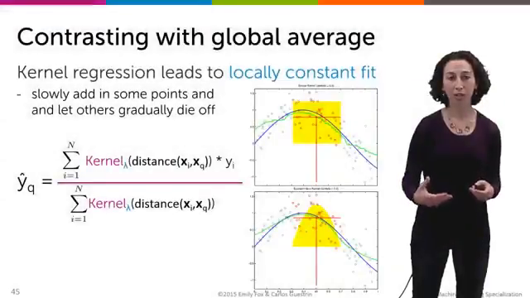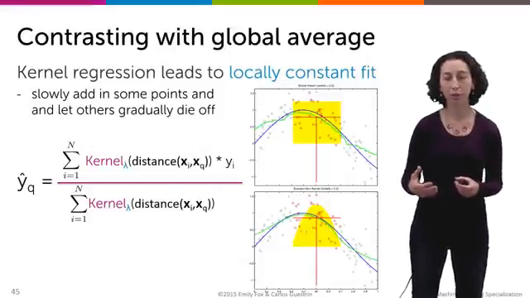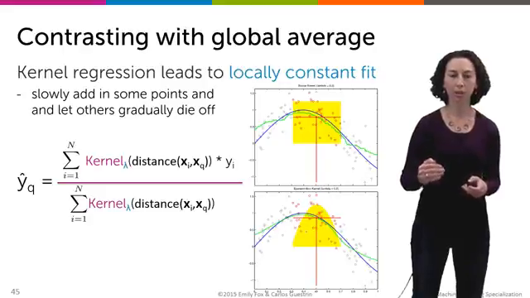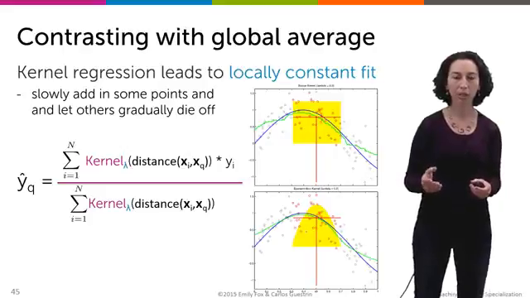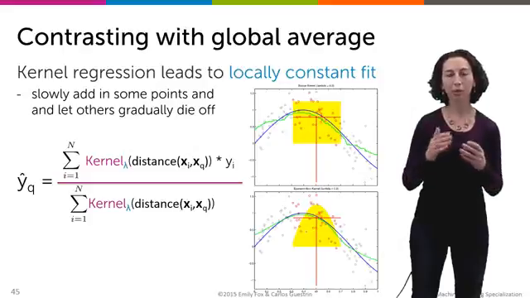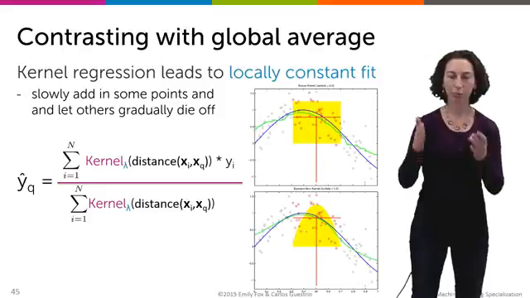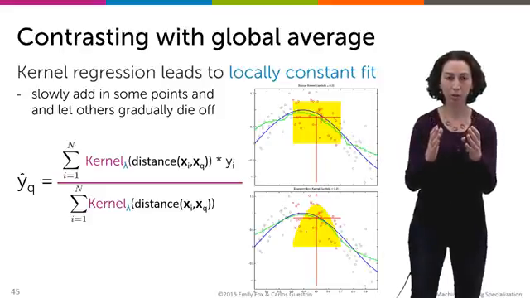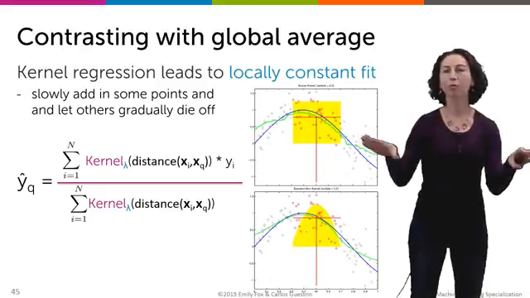But now let's contrast that with a more standard version of kernel regression, which leads to what we're going to think of as locally constant fits. Because if we look at the kernel regression equation, it's exactly what we had for our global average, but now it's weighted by this kernel, where in a lot of cases the kernel is putting a hard limit so that observations outside of our window around whatever target point we're looking at are out of our calculation.